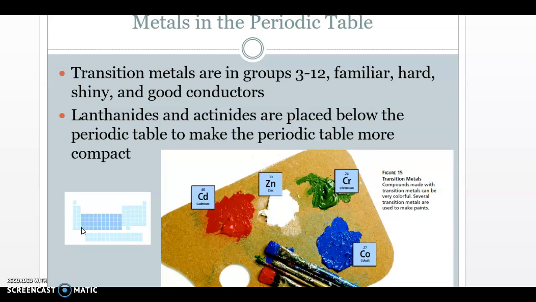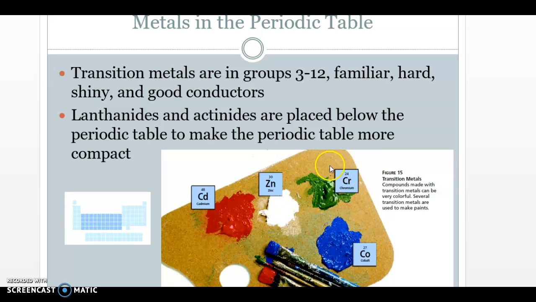For instance, a lot of them are used for different things, like gold and silver are used for jewelry. Copper is used a lot for wire, also used in coins. There's a lot of them in there, but a lot of them have similar properties. They're not super reactive. They are very useful to people. They are found in a lot of different things. They're hard, they're shiny, they're good conductors, just in general.